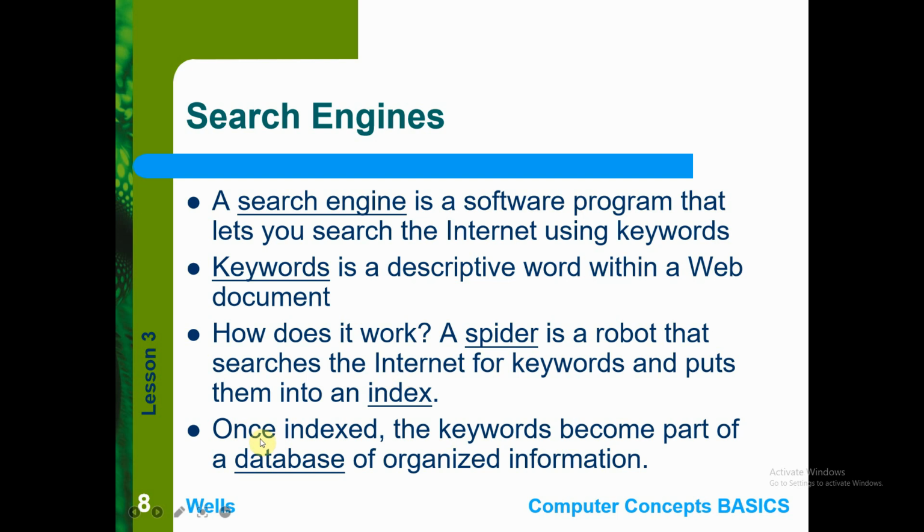So once in the index na sila nga information, those keywords become part of the database of the organized information under that program, wherein kung mag-type ka nga information, ang mga na-compile na sa index ang spider bot will then become available for you to access. Pero makita mo naman na pwede mo na i-sort depending on the information nga kailangan mo.